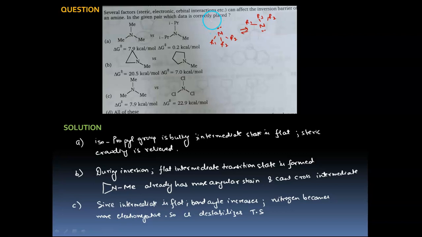Now the question says that several factors, steric, electronic, orbital interaction, can affect the inversion barrier. In the given data, which is correctly placed? So we need to understand that when it is inverting from state 1 to state 2, there would come a flat intermediate, because it has to go through the flat intermediate.